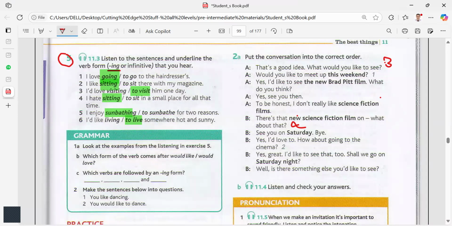To be honest, I don't really like science fiction films. Well, is there something else you'd like to see? Yes, I'd like to see the new Brad Pitt film. What do you think? Yes, great. I'd like to see that too. Shall we go on Saturday night? Yes. See you then. See you on Saturday. Bye.